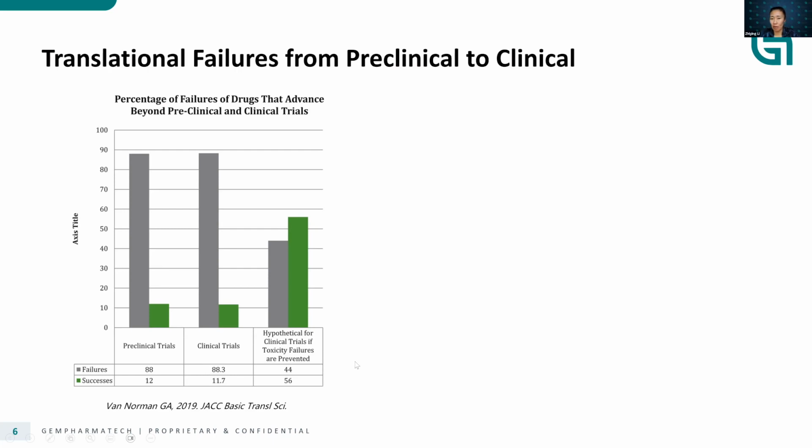So if we can prevent the toxicity, as this paper reports, we will be able to achieve a more than 50% success rate for a clinical trial. That's really very encouraging. However, what to do in order to achieve that is not a trivial task.